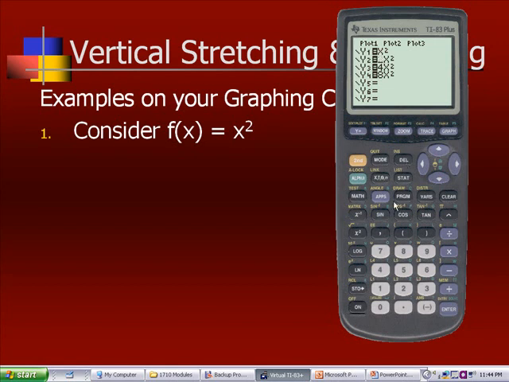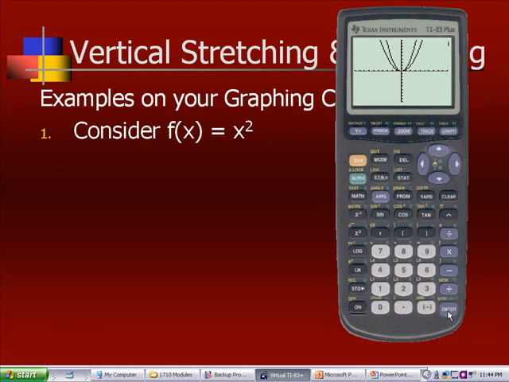Now let's do it again. This time I want you to consider 1/2 x squared. And I'm going to say second insert 1 over, so we'd have 1/4 x squared. And then we're going to insert a 1 over, and we'll have 1/8 x squared. Now watch this. There's our plain x squared. If we multiply that by 1/2, notice it's just a little bit wider.